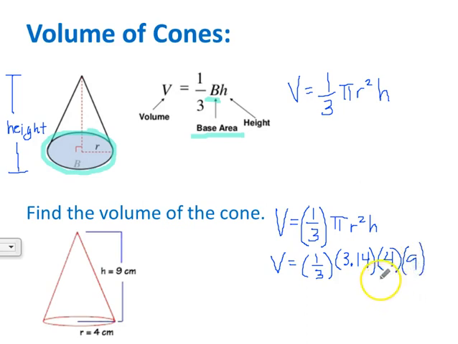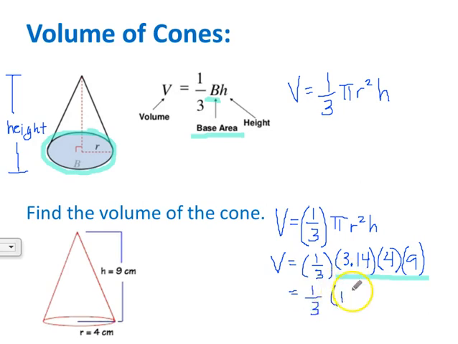And then we can do the math. What I recommend you do first is to multiply 3.14 times 4 times 9 and get that answer. So I'm going to type in my calculator, 3.14 times 4 times 9, and then once I get that answer, I'll multiply that times 1/3.